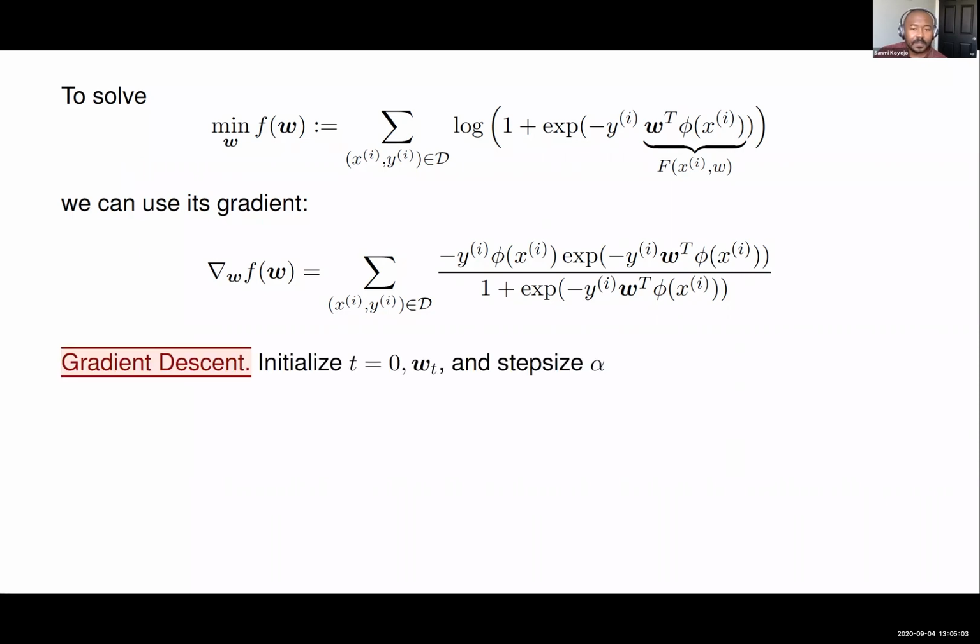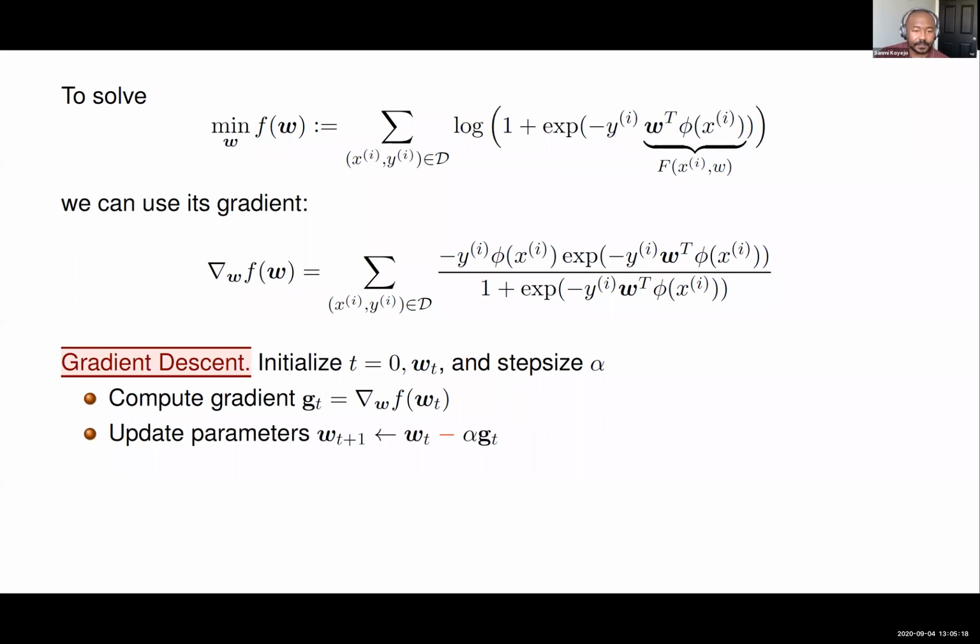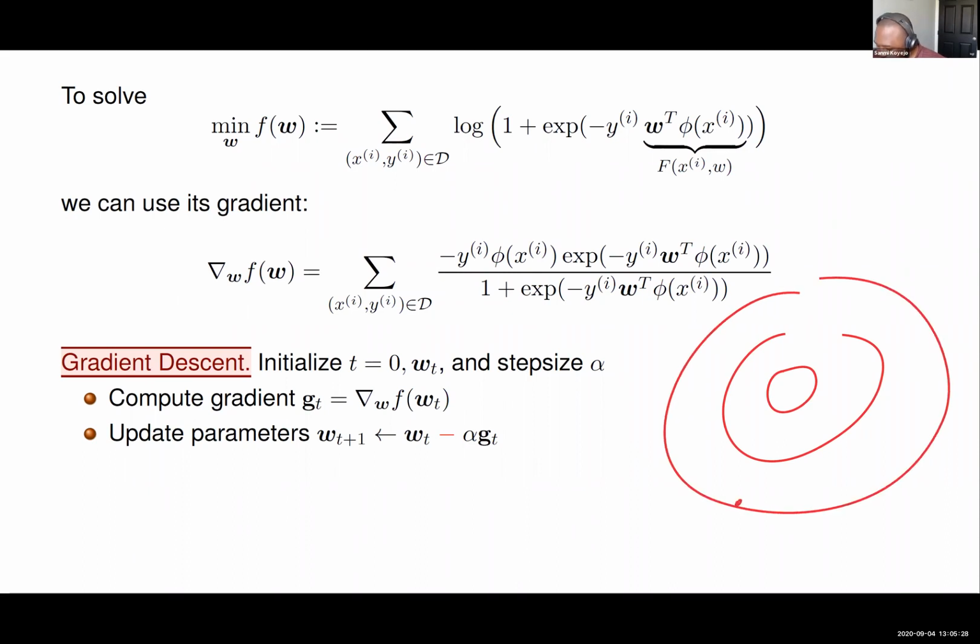Okay, so the algorithm is super simple. We start at some initial time with some W_t. We pick a step size, so how far we're going to step in a gradient direction. We compute the gradient at the current point, and we take a step in that gradient. So W_t minus some step size times the gradient. So in our picture, we start with an initial point.